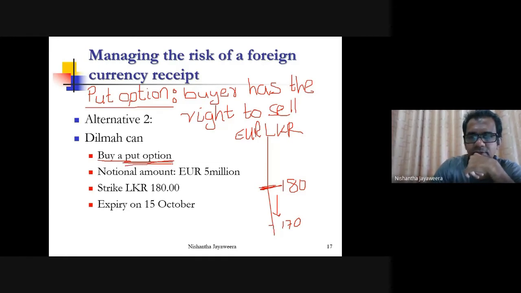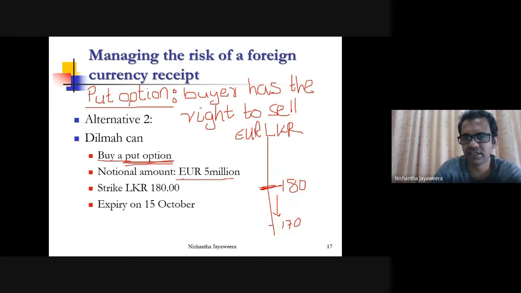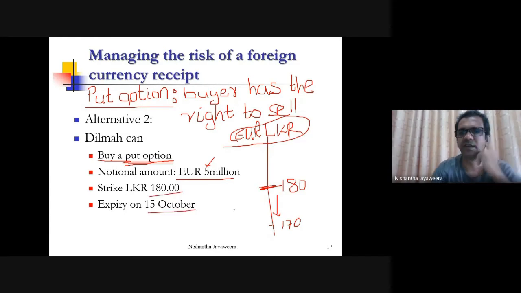So you have to specify, buy a put option to do what? Sell euro 5 million. No need to say sell; whenever you buy a put option, you know that. The only things are the underlying euro, the notional amount, the strike price and the expiry date.